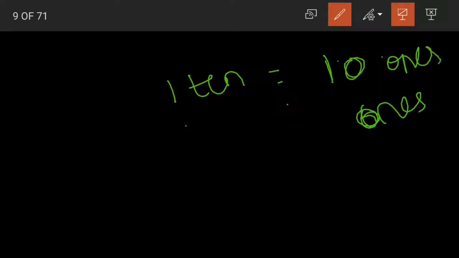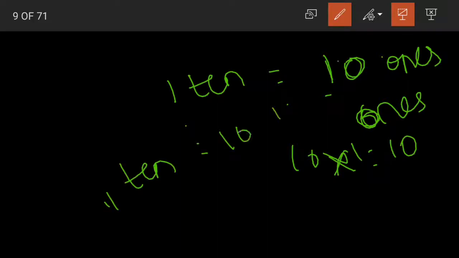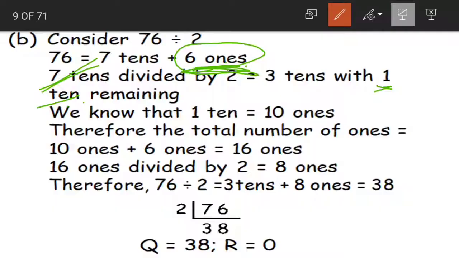It has 10 ones. So 1 ten is nothing but 10 ones. What did we have already? 6 ones. Now what is added to that? 10 ones. So 10 ones plus 6 ones is equal to 16 ones.